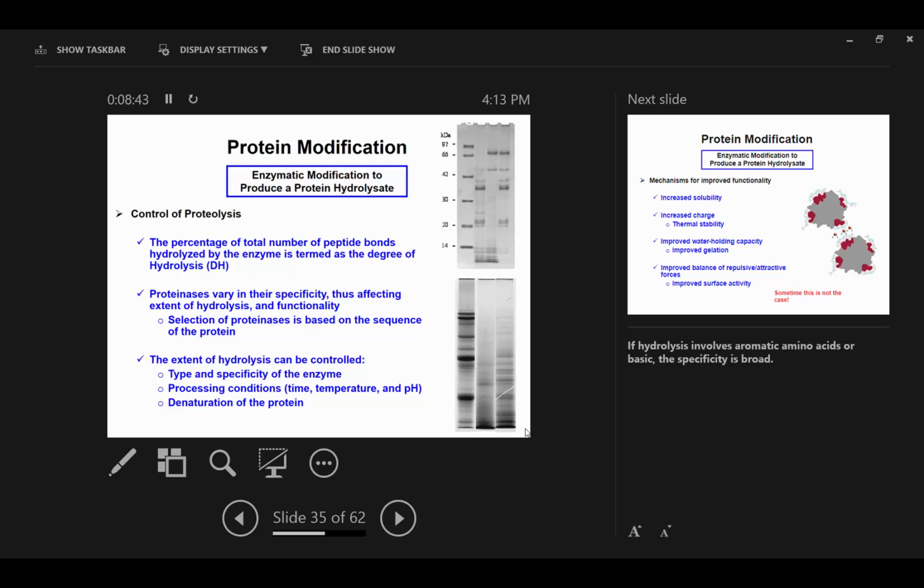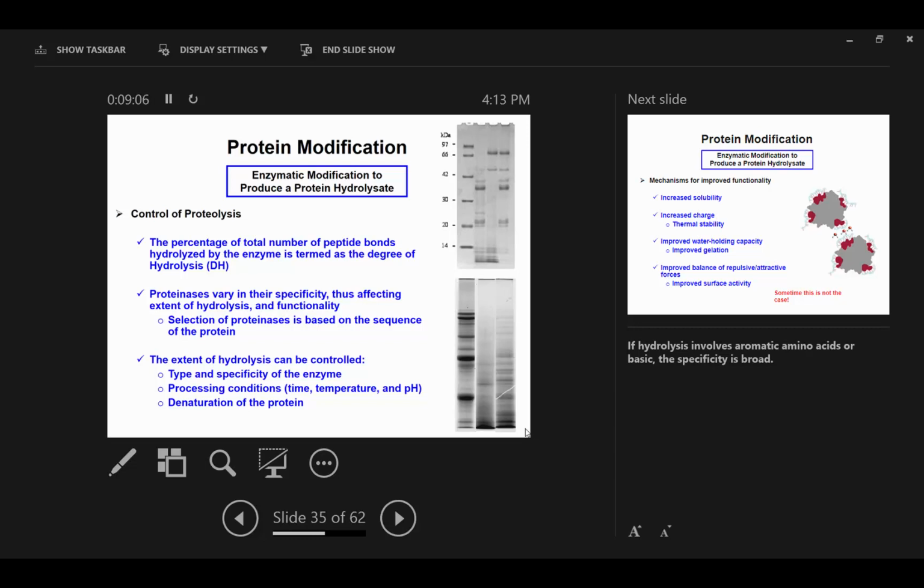And the other aspect, so you have how much hydrolysis you're doing, the extent of hydrolysis, and then next is what are you hydrolyzing? That means you rely on the specificity of the enzyme. So here's an example up here. The one furthest to the right is a soy protein isolate.